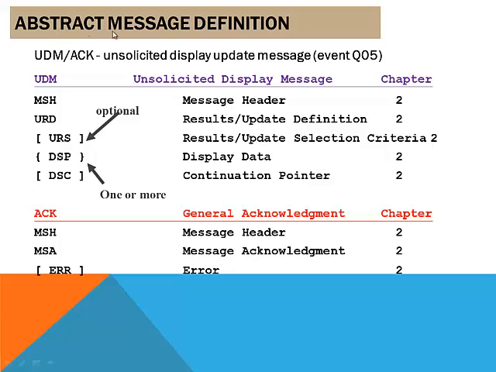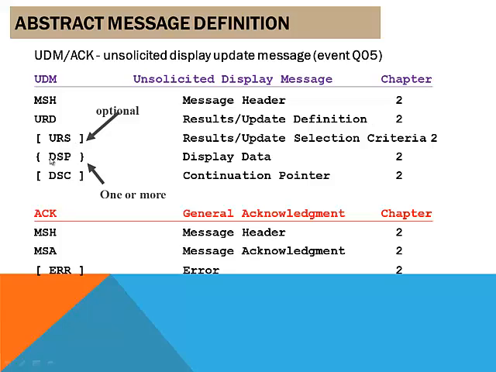This is another abstract message definition. This is called UDM, unsolicited display message. So here, the MSH, the message header, is also required. Then we go to the result update definition here.